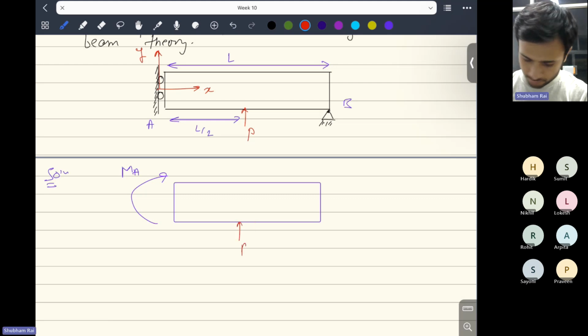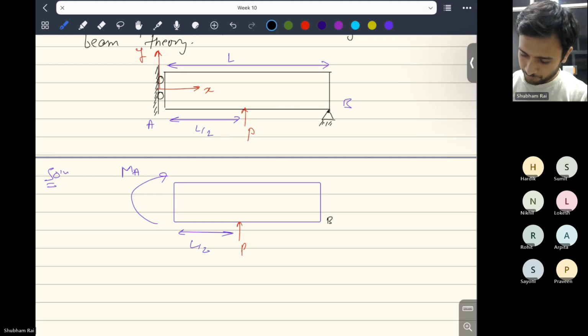So this is at the center, P, and this is at a distance of L by 2. So at point B, due to this support, there will be some reaction. I'm calling that reaction RB.